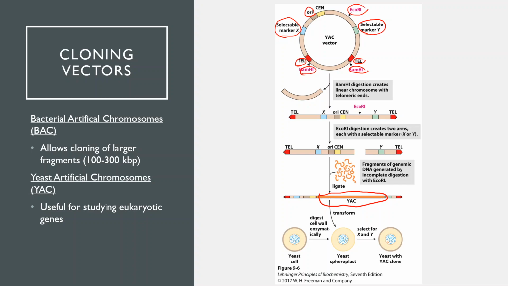So by having those telomere segments, which are just DNA sequences that the host cell will recognize as telomeres, it's also there to make sure that the host cell will copy it. So then you transform those into yeast cells. The yeast cells that pick it up will start copying it, and then again, you've then cloned that DNA segment.